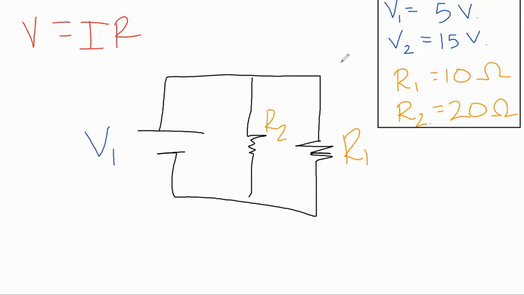So in this case, we have current passing through in this direction, but the current can stop right here and think about, okay, do I want to go through this path, or do I want to go through this other path?